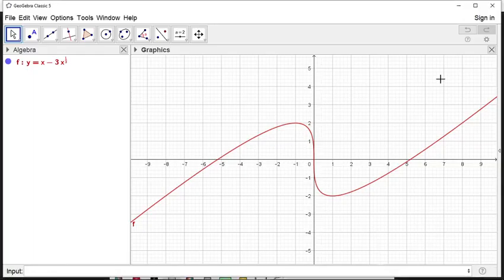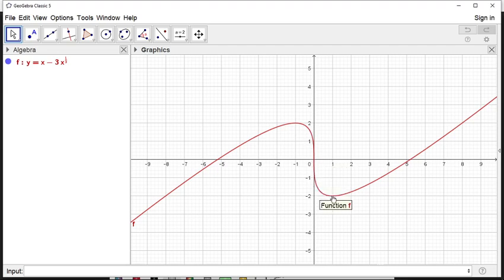Now let's see the graph of the function y equal to x minus 3 times x to the power 1 by 3. The graph is like this. Yes, this is the graph of the given function. From the graph itself we can see that the function is increasing in the interval minus infinity to minus 1, then from minus 1 to 0 it is decreasing.